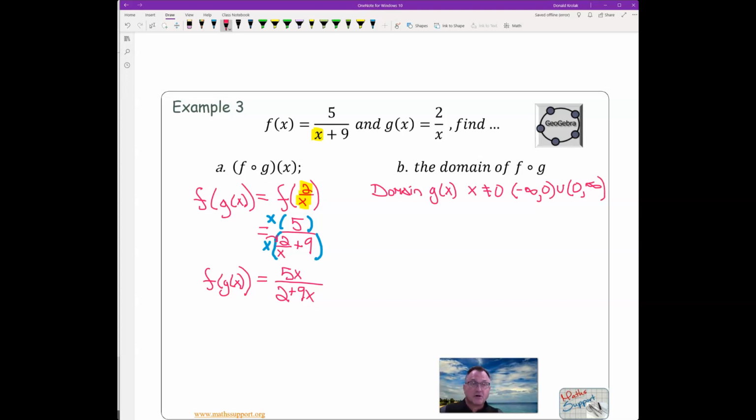All right, so I'm going to keep that because I've got some restrictions. Now I'm going to do the restrictions on the composite. Okay, so my domain of the composite, all right, this denominator is not allowed to equal 0.